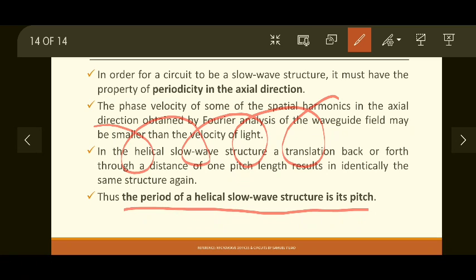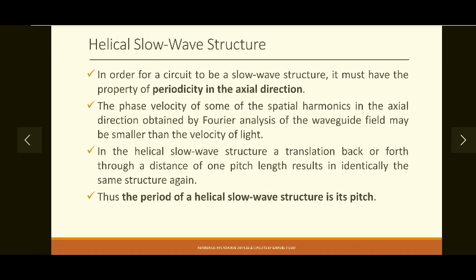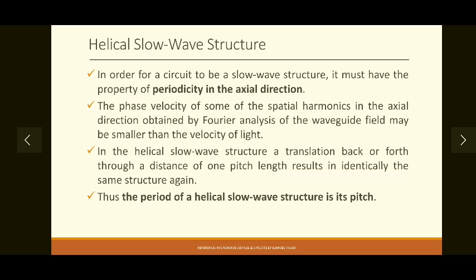So what is the period? It is the pitch, or the distance between two consecutive turns. That is an important statement: the period of a helical slow wave structure is its pitch. This will decide how the amplification process will happen. The amplification process we will see in the next video.